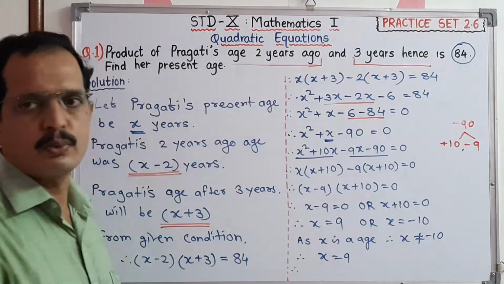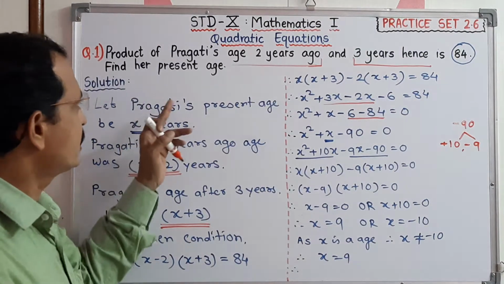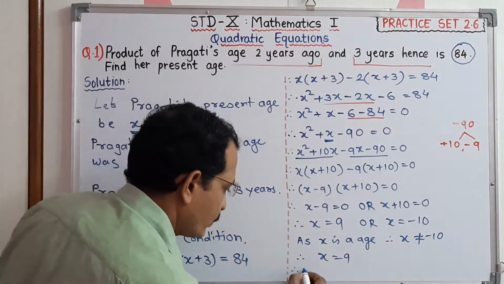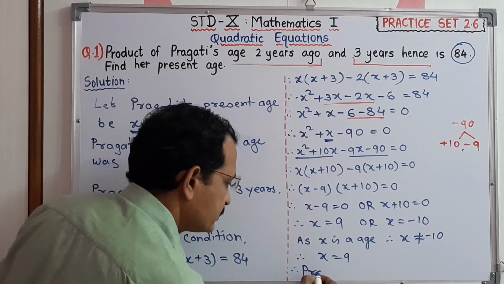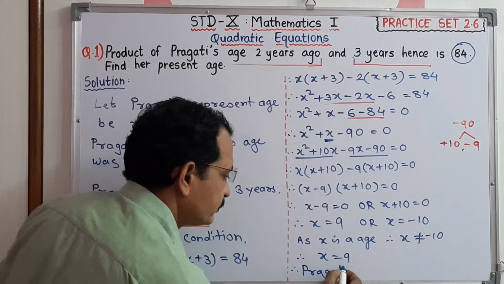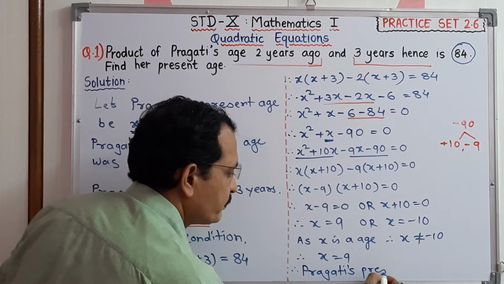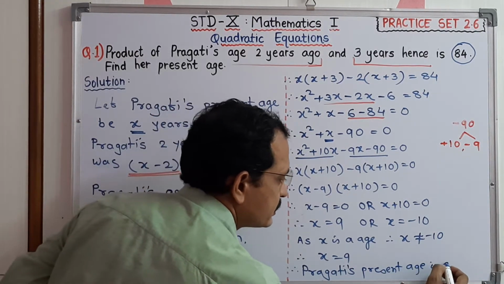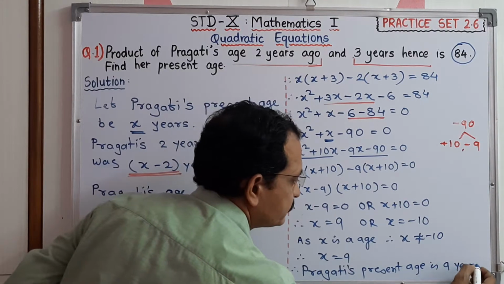Therefore we have to write the final answer in a statement, that is we have to find out her present age. Therefore we can write here Pragati's present age is 9 years.